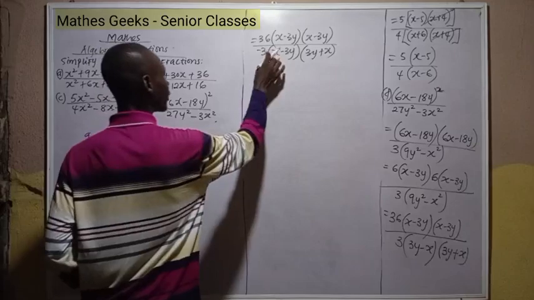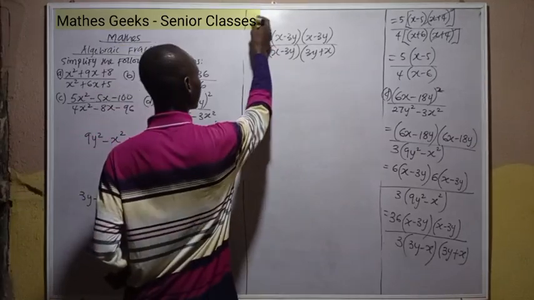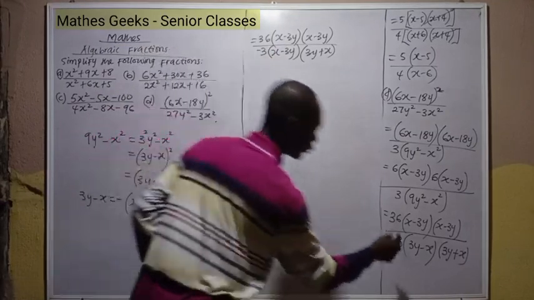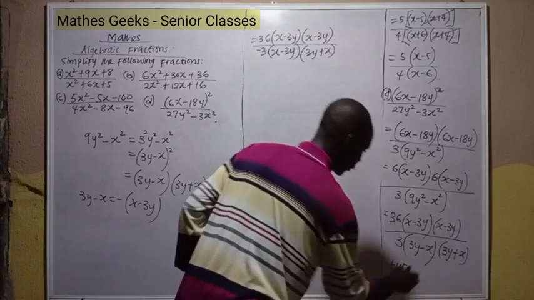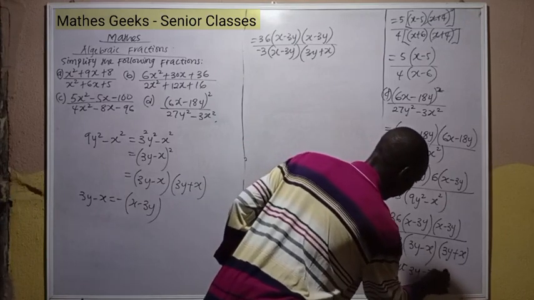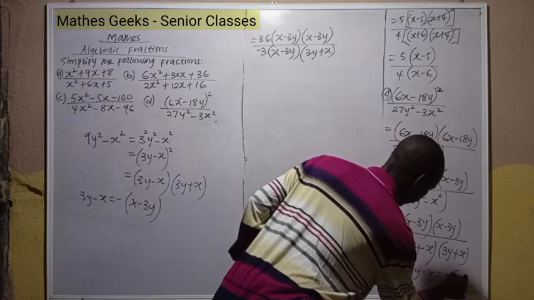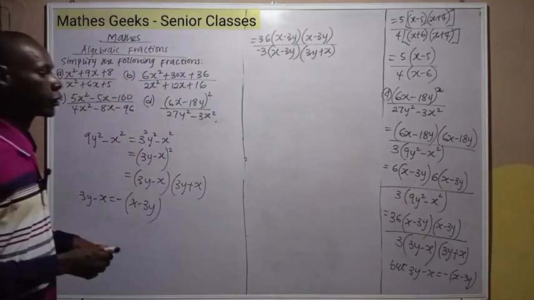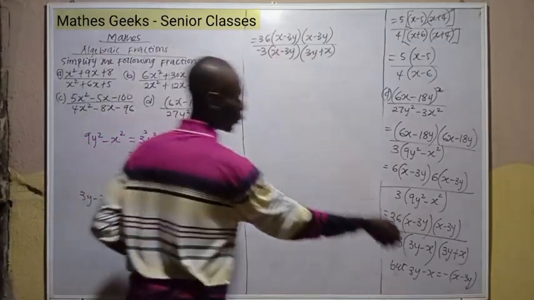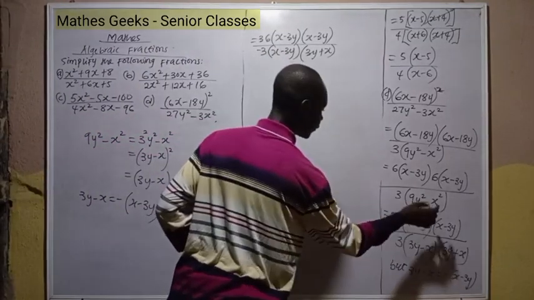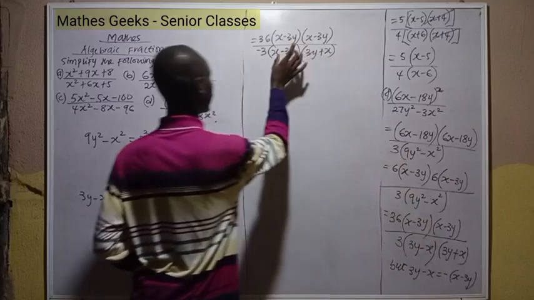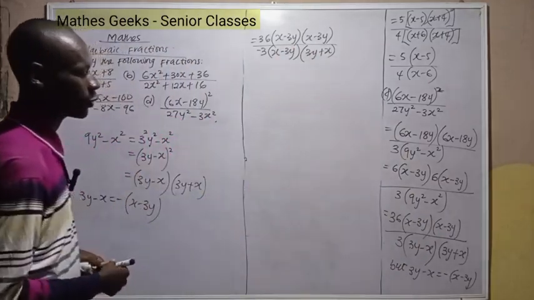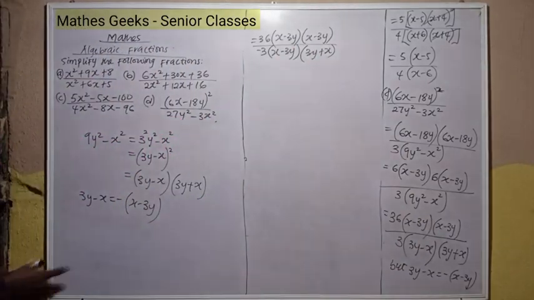Because 3y minus x equals minus x minus 3y, this is why this part changed from what it was before to what it is now. That's the reason: minus open bracket x minus 3y bracket close.